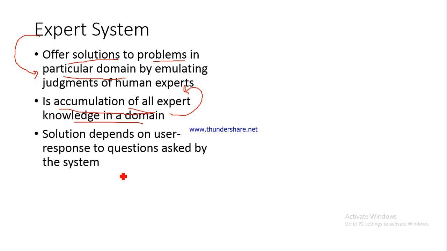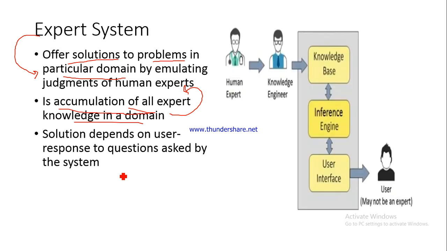So these kinds of queries it would pose to the user. Now let's have a look at a schematic diagram of the expert system. Please have an understanding of this particular diagram.